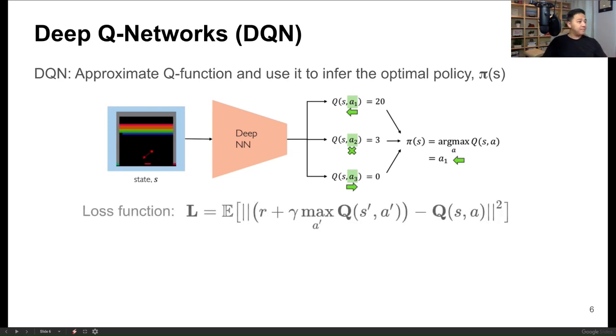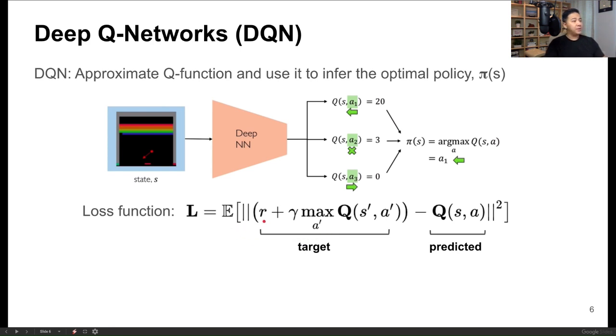Simple enough. All right, how do you train the network? The loss function that we're going to use is this. It'd be the expected squared loss, right? We've seen this before. Now this calculates slightly differently. This Q value is the predicted value. You've seen that. And this one is what's called the target, what you want to shoot for. What's interesting about this target is that you kind of refer to the Q function that we learned earlier to calculate the target.